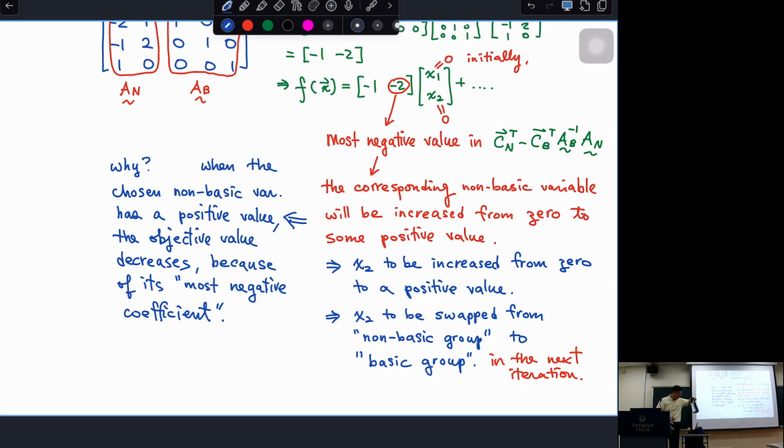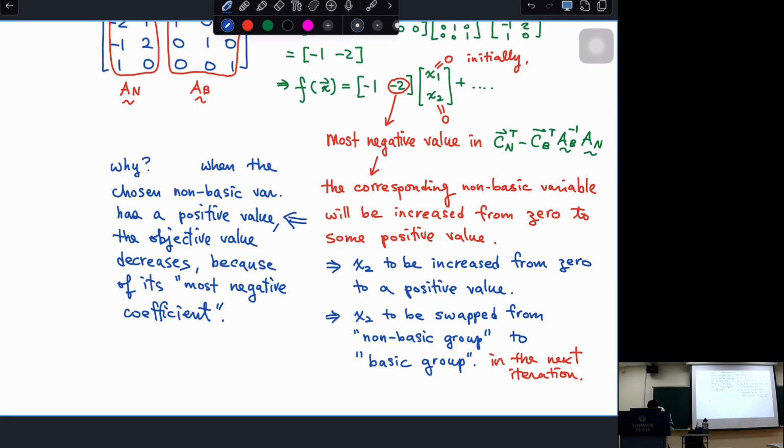If you pick up the right one, objective function will drop. And every time you do this, the objective function will only drop. It doesn't increase. So you just need to keep on doing this until you cannot find any negative value in that main vector.